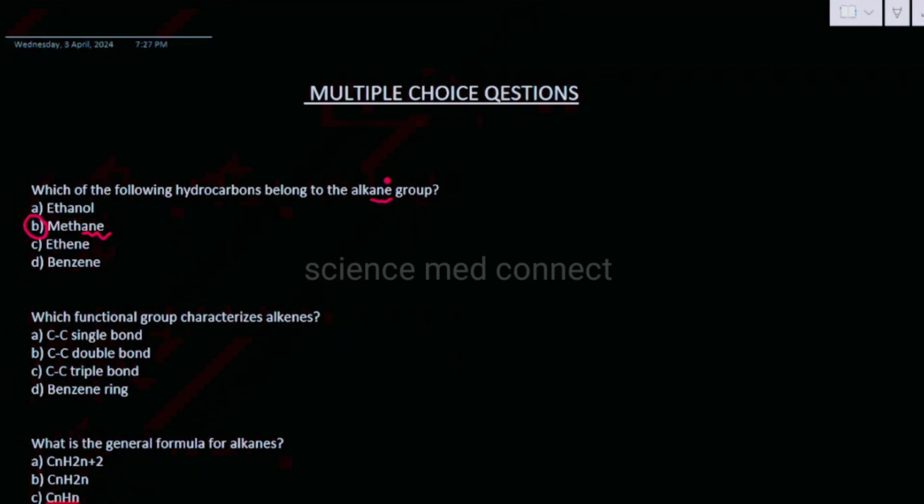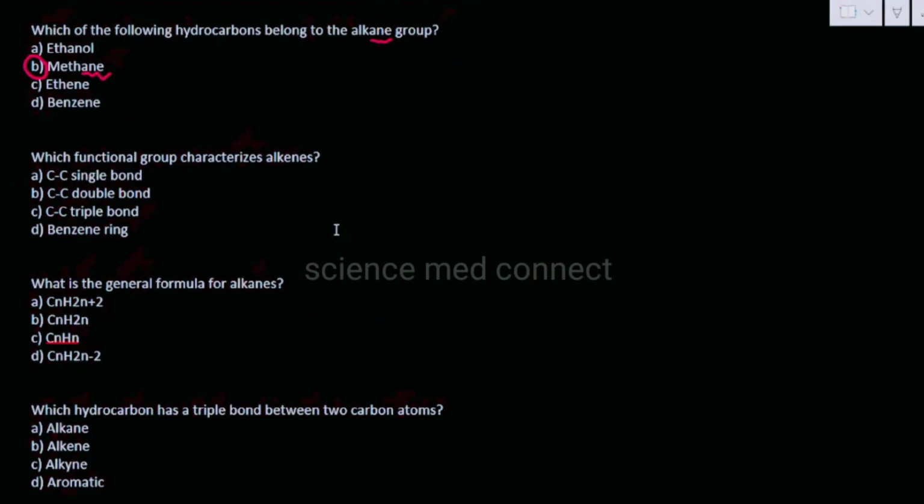Okay, now let's move on to the next question. Which functional group characterizes the alkenes? We know alkenes contain double bonds between carbon atoms.